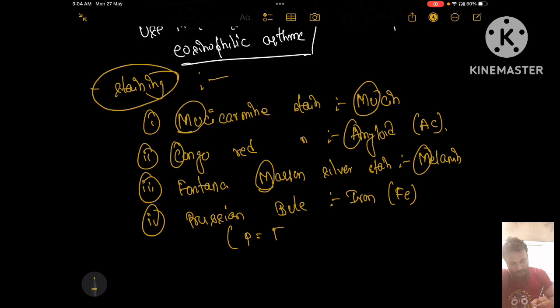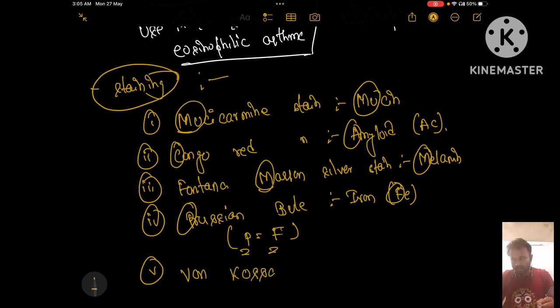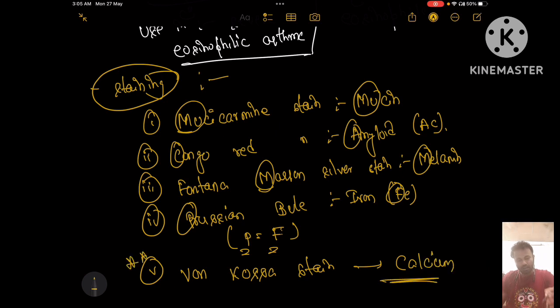P looks like F. So Prussian blue is for Fe, that is iron. Next is von Kossa stain, for calcium. It should be remembered, von Kossa stain for calcium.